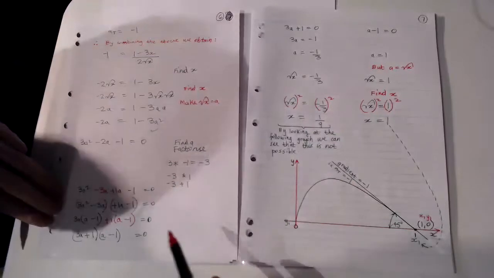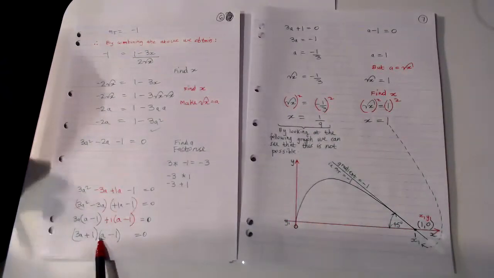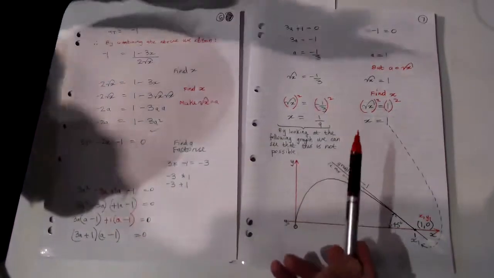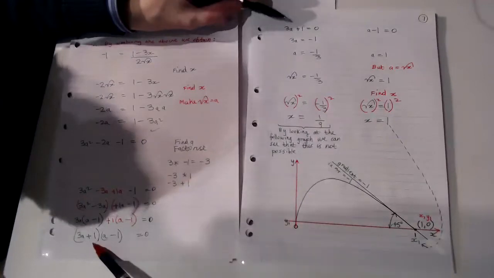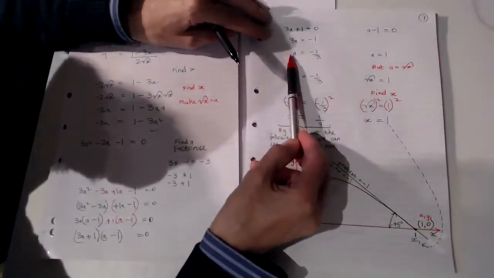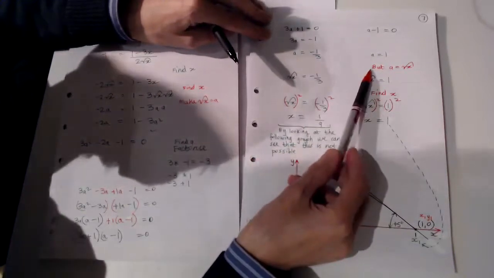Then we can use the null factor law that says that every time you got brackets times brackets equal to 0, then we can say 3a plus 1 equal to 0, and a minus 1 equal to 0, and then get a by itself, and it gets to a equals negative 1/3, and a equals 1.